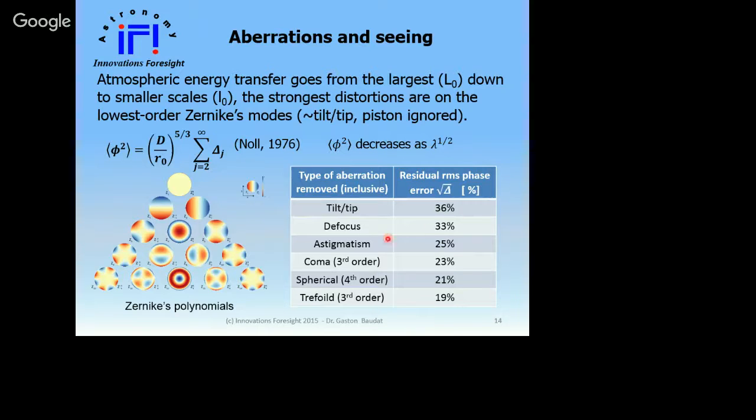Then when you remove the defocus, astigmatism and other orders, you get something better and better, but not that fast. So it's important to remember, from a seeing point of view, the main effect, as you saw early on in my presentation on the first slide, is the tilt and tip of the wavefront. It takes 70% of the RMS error on the wavefront.